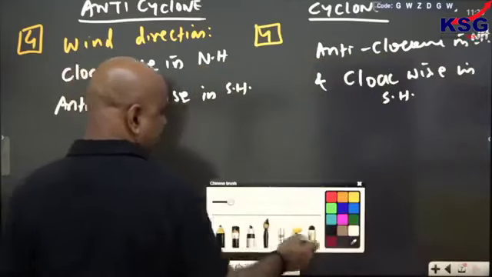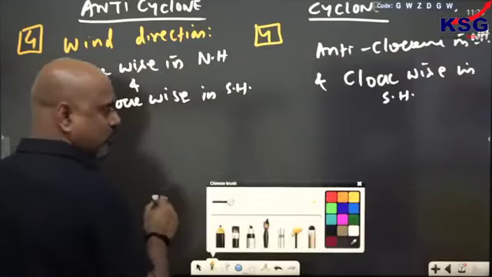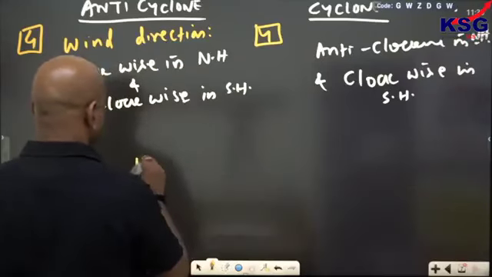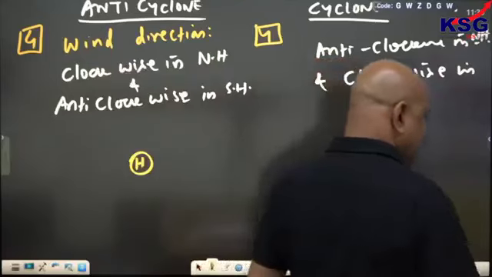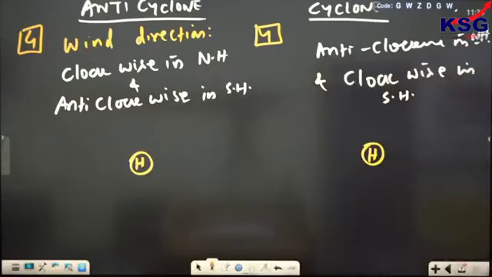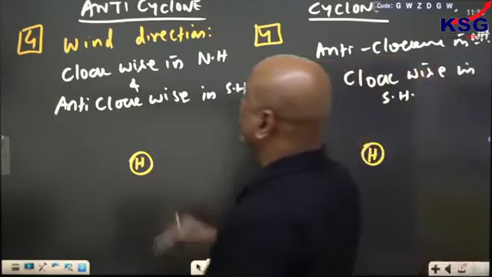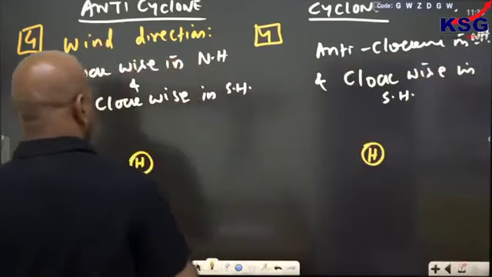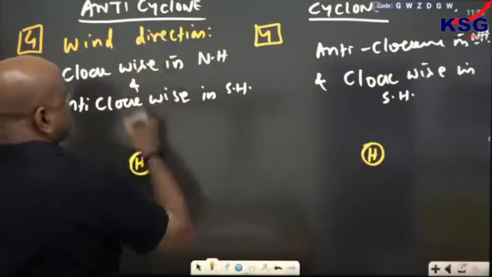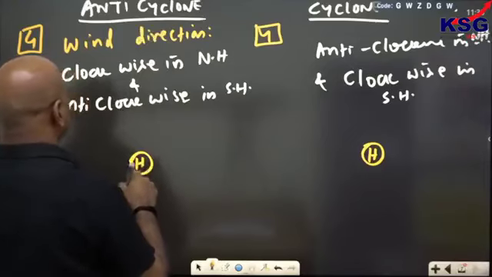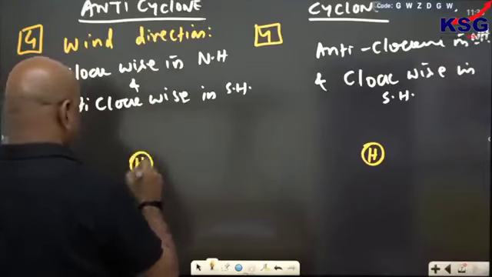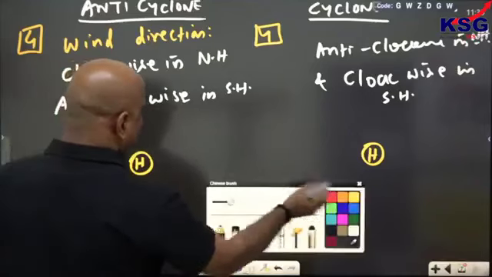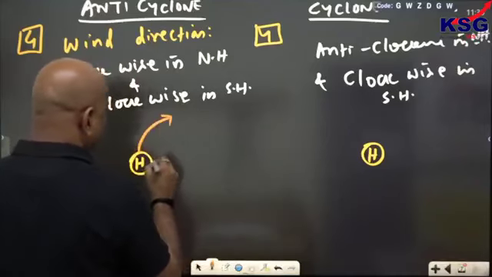मैंने अभी यही बताया था मैं आपको. If you look at here, in both the cases, it is completely different here. High pressure, as I have just said, in case of anticyclone, it will be like this.